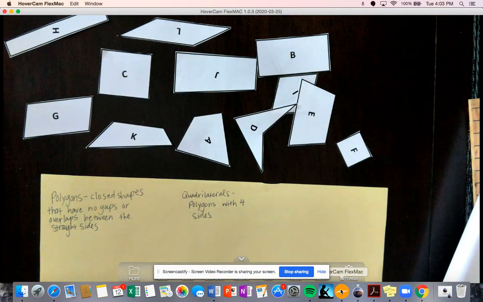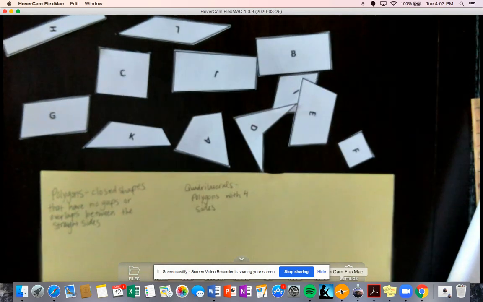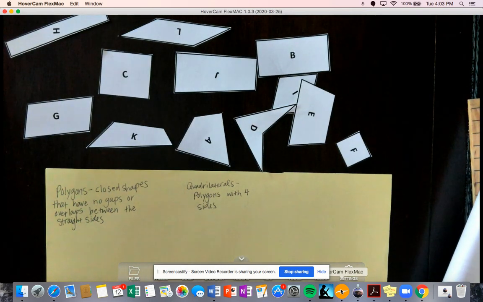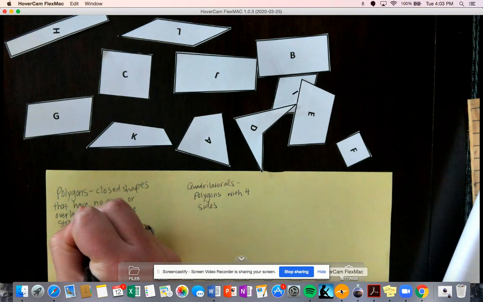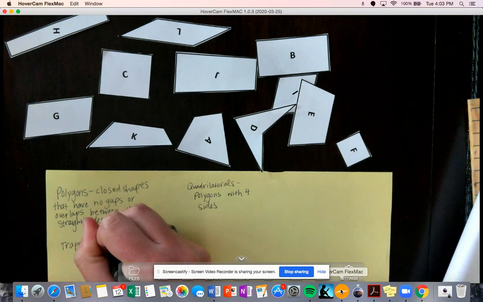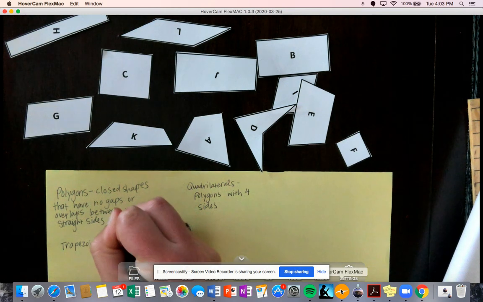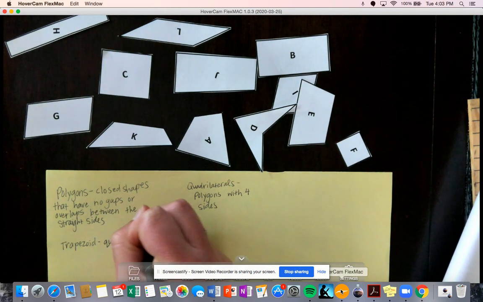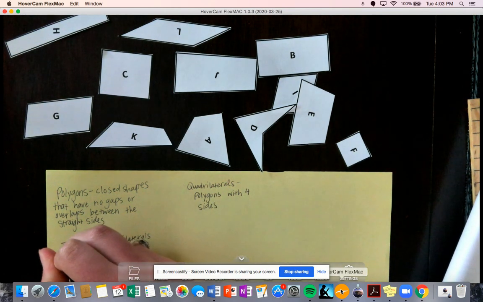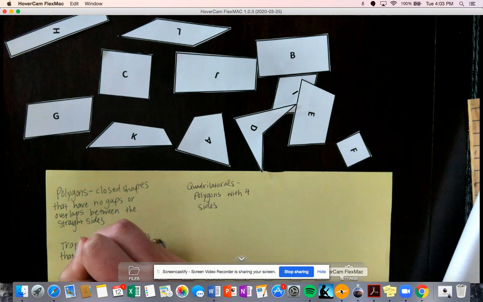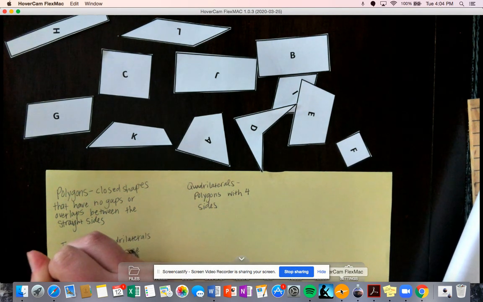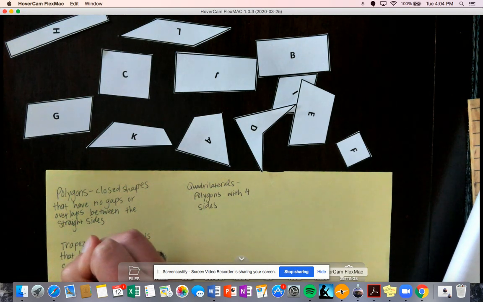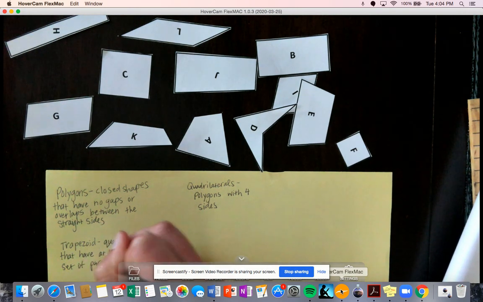trapezoids. In order to be a trapezoid, you have to be a quadrilateral and have at least one set of parallel sides.